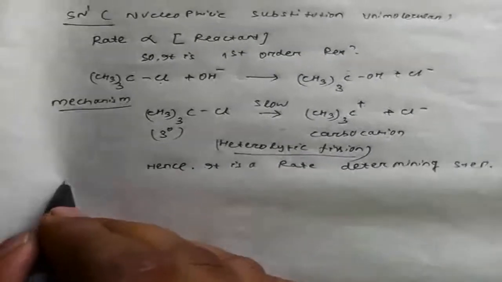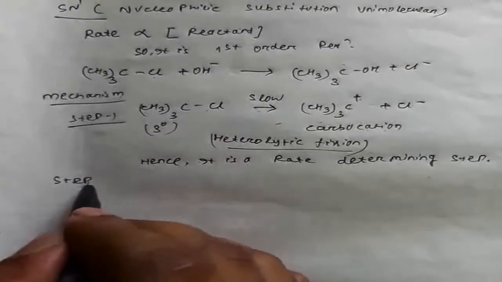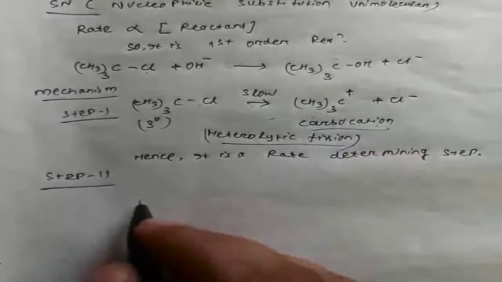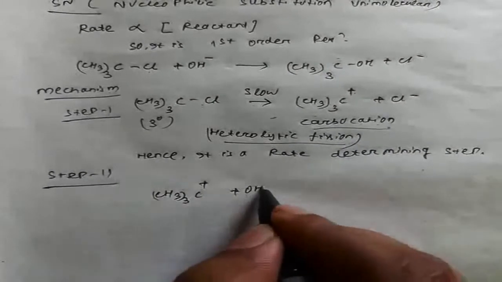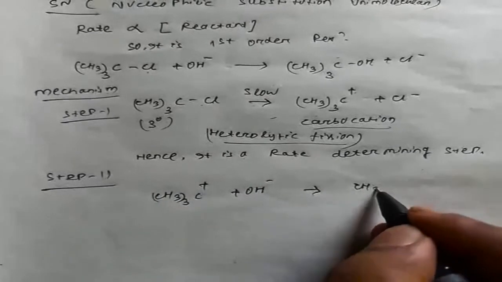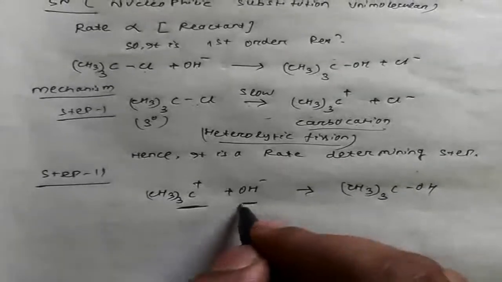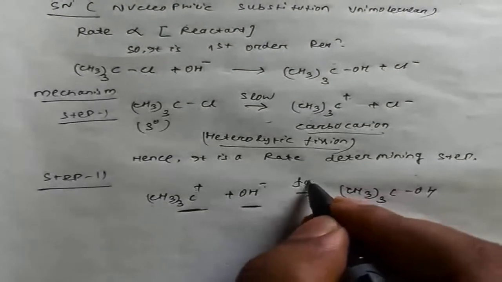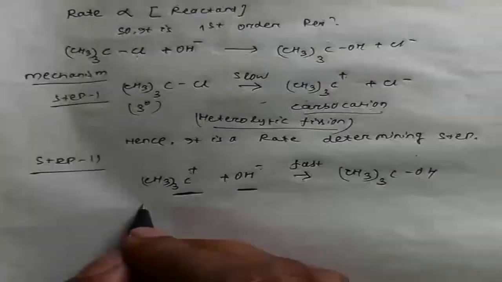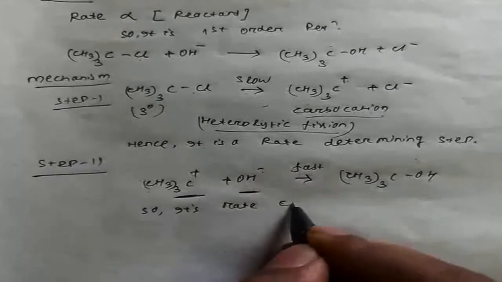In the second step, the carbocation formed in the first step reacts with the nucleophile to give the desired product. Carbocation is positive and nucleophile is negative, so opposite charges attack each other. So it is a very fast step, and its rate cannot be determined.